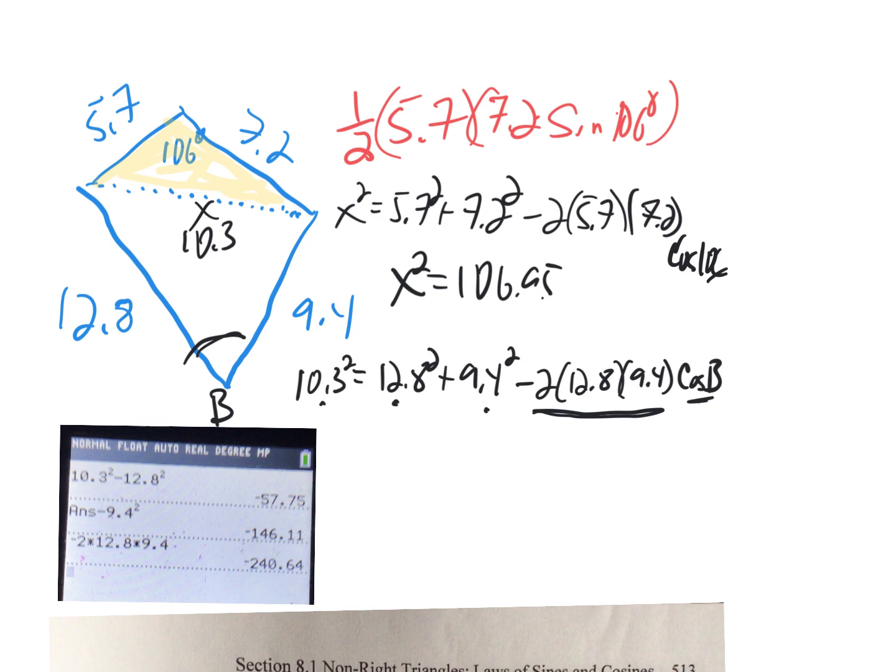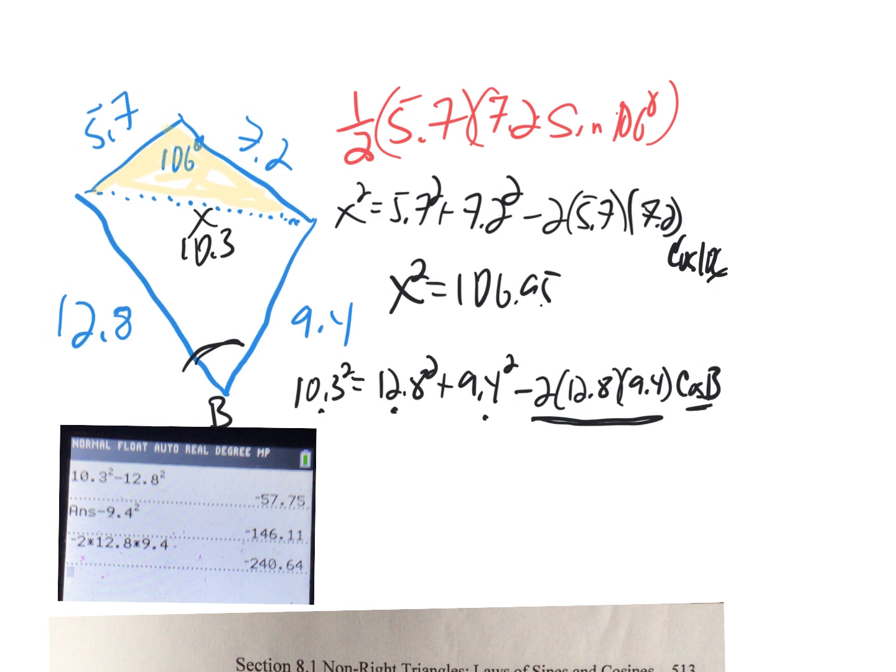On my calculator, I squared this, subtracted the 12.8 squared, and then subtracted the 9.4 squared, as you can see. And so what that left me with is -146.11 equals, and then I multiplied those three numbers together, and I got negative 240.64 times the cosine of angle B.